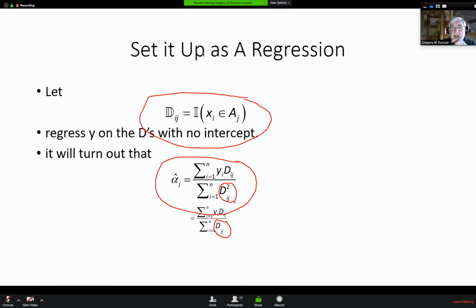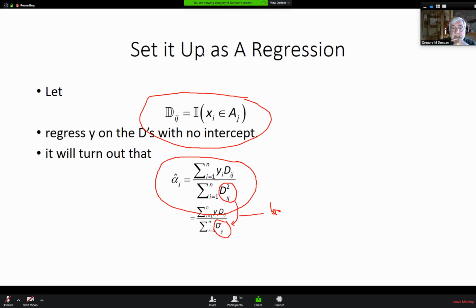D squared is equal to D, because D is either a 0 or a 1. Now, let's say I sum up a bunch of things that are 0s and 1s. What do I get? I get the number of observations, or the number of Ds that are equal to 1.